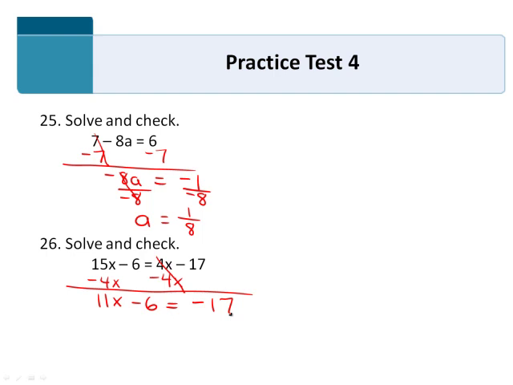Now I want to add 6, get rid of that constant. So 11x comes down. Negative 17 plus 6 would be negative 11. Now divide by 11 on both sides. So the 11's cancel, and x equals negative 1.